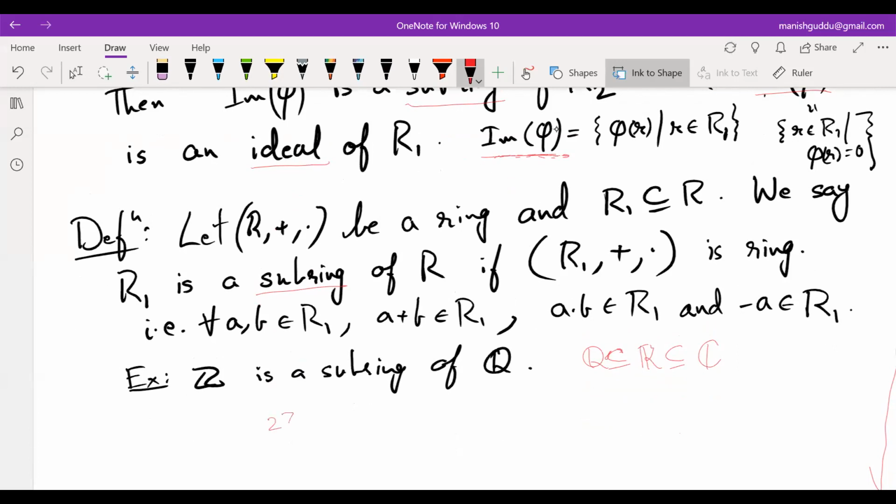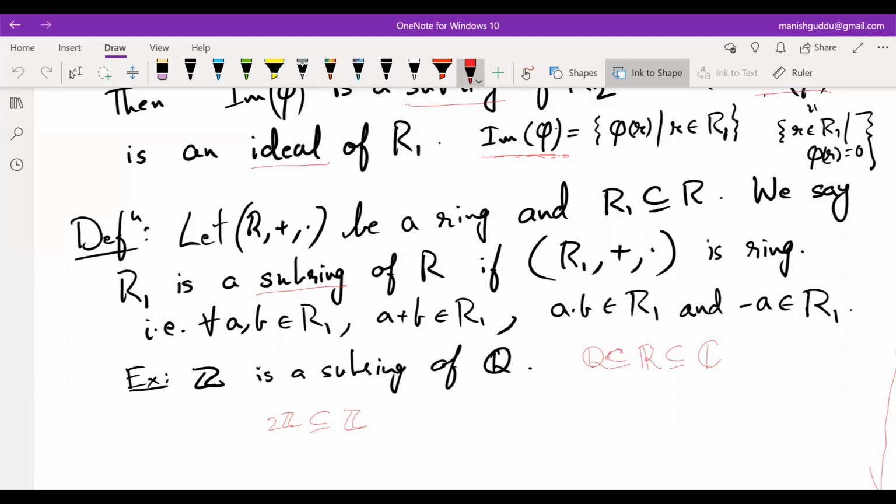If you take this definition, all the even integers will form a subring of Z. You can check that 2 times Z, all the even integers, do form a ring. But it's not a ring with unity. It doesn't have unity, but 2Z comma plus is a group, and all the other axioms of rings are satisfied.